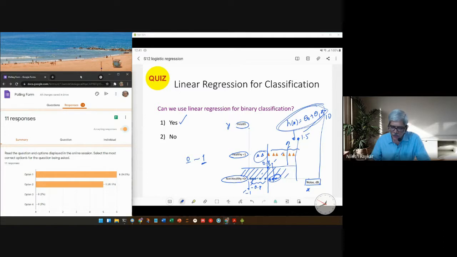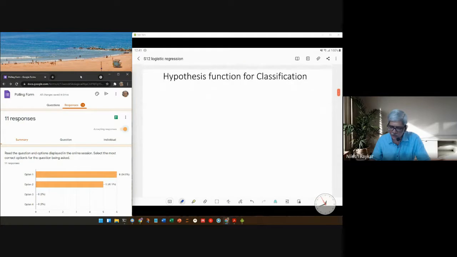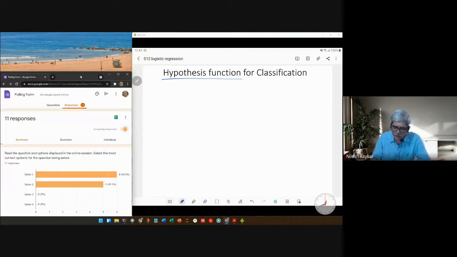So the hypothesis function we need to choose. Next we'll discuss the hypothesis function for classification. The property that we need is that h theta of x bar, where x bar is your feature vector x1, x2 up to whatever number of features you have, should take values between 0 and 1. There are a lot of functions which have values between 0 and 1.